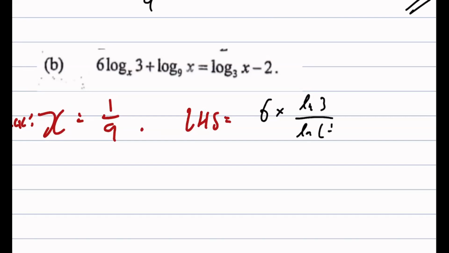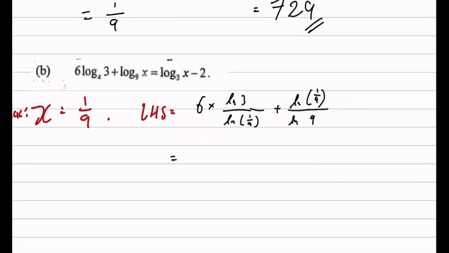In this case, x is 1 over 9, plus lnx is 1 over 9 divided by ln9. What do you get? Likewise for the right-hand side, x over 3, which is not x, but rather 1 over 9, minus 2. Do we get the same value?